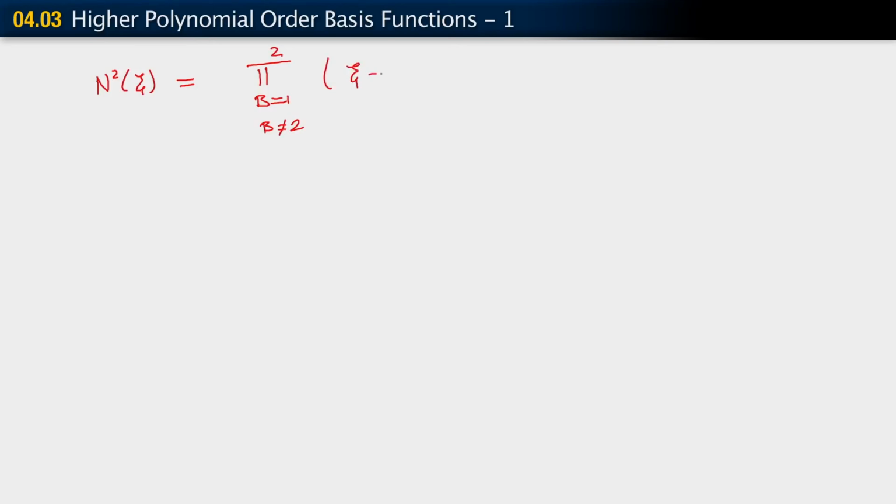Here we get ξ minus ξ_B divided by the product over the same limits of ξ_A, which in this case is ξ_2, minus ξ_B. In those limits we recognize that the only value B is allowed to take is 1.